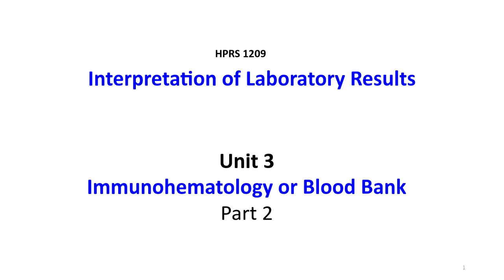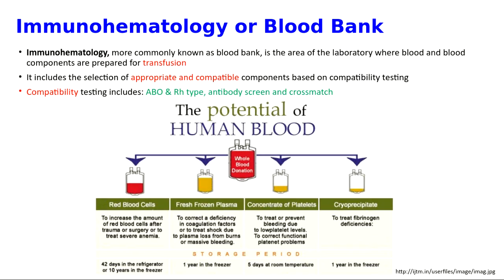Interpretation of lab results, Unit 3, Part 2: Immunohematology, also known as blood bank. Immunohematology is the study of the principles of immunology as they pertain to the blood cells in the plasma or whole blood in hematology.